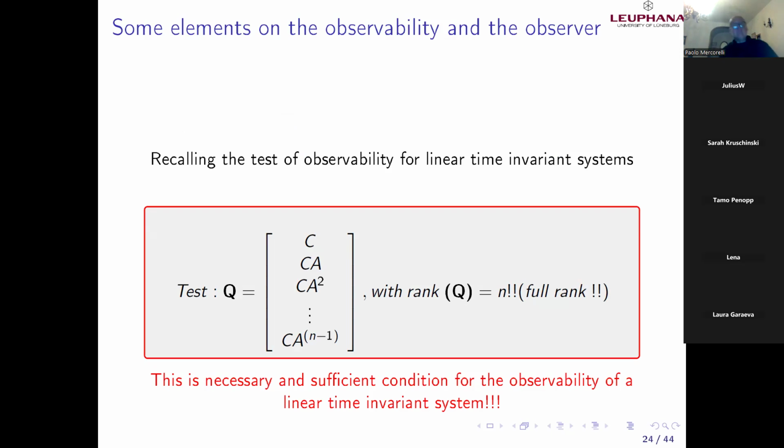I wrote test and I didn't present this result because I used it to judge if a system is observable or not. Whether the system is observable or not is stated in case the system is linear and time invariant. It's written in red, using this test here.